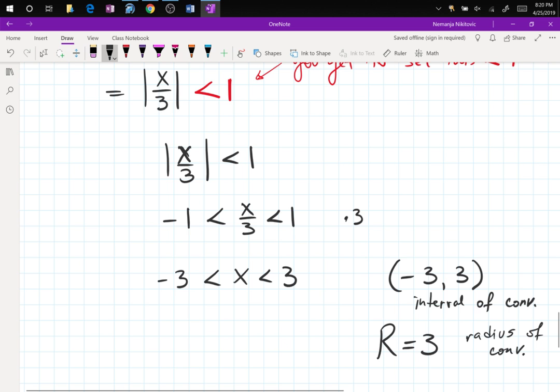So if we were to get a problem like this, not if, when we get a problem like this, this is a guaranteed problem for the final exam, 100%. We're going to put the interval of convergence is negative 3 to 3. And R equals 3. You can have either, but we have to specify R equals 3.